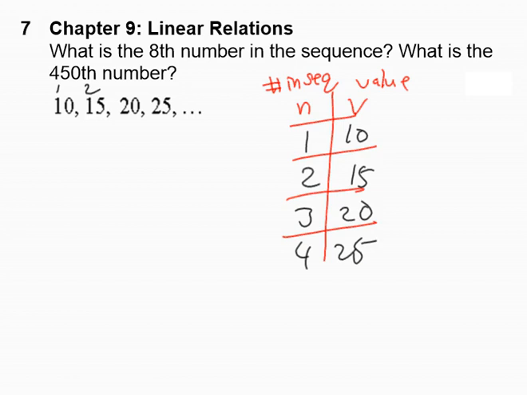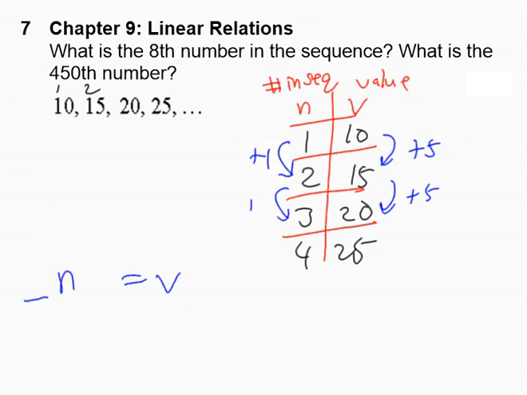Now, in order to find the equation that shows the relationship between the number and the value, I could find the coefficient by finding the difference in the v column divided by the difference in the n column. 5 divided by 1 is 5, so the coefficient is 5.